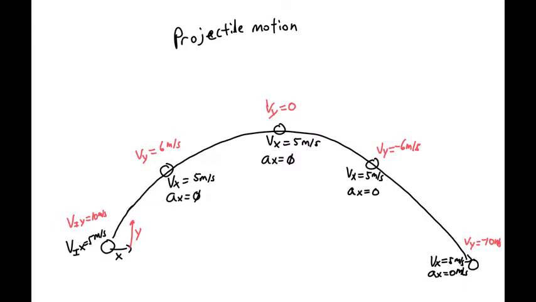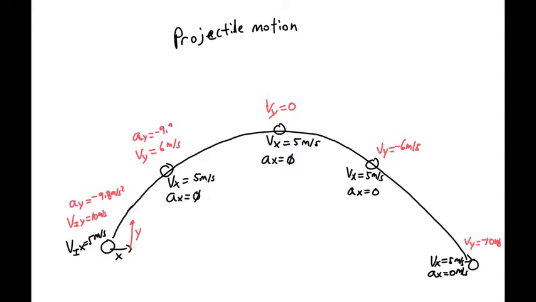Well, what about acceleration in the y direction? What force is acting in our y direction? Very good. Gravity, negative 9.8 meters per second squared. What about at our second point?